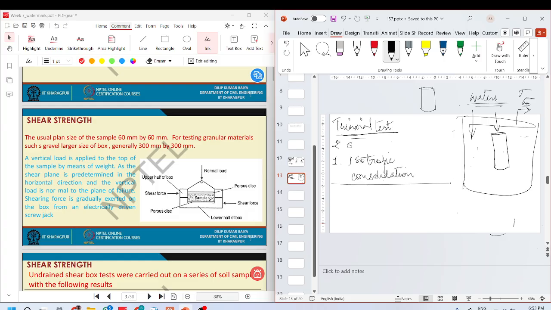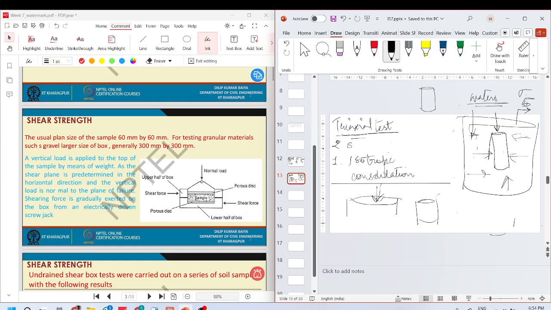It is called isotropic because water has a hydrostatic force in all directions which is equal. This is not the same as confining your soil in a container like you do in the consolidation test. In the consolidation test, you have a ring-like apparatus, you fill your soil inside this, and then you apply weight.